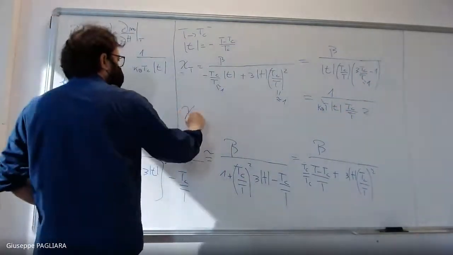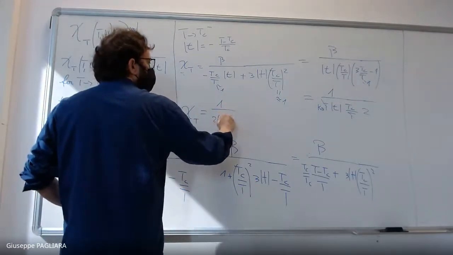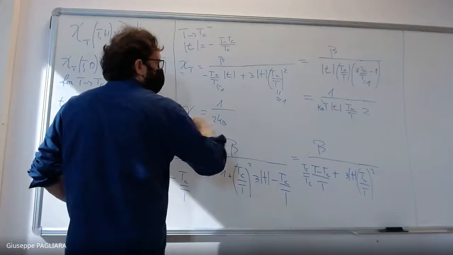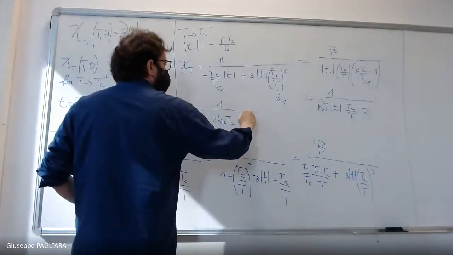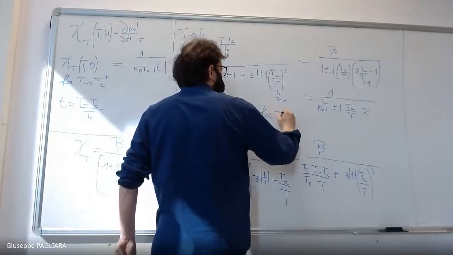Finally, chi of T is 1 divided by 2 kB Tc, and then modulus of t, for T approaching Tc.